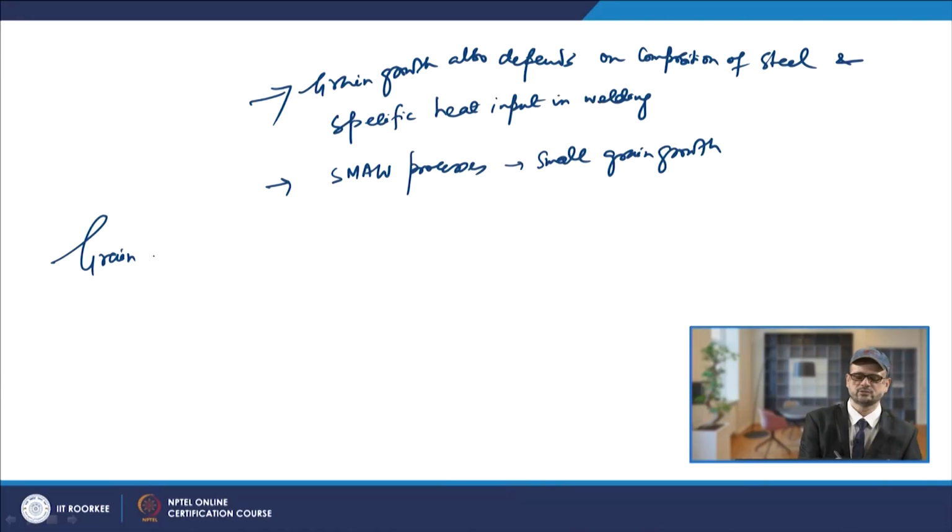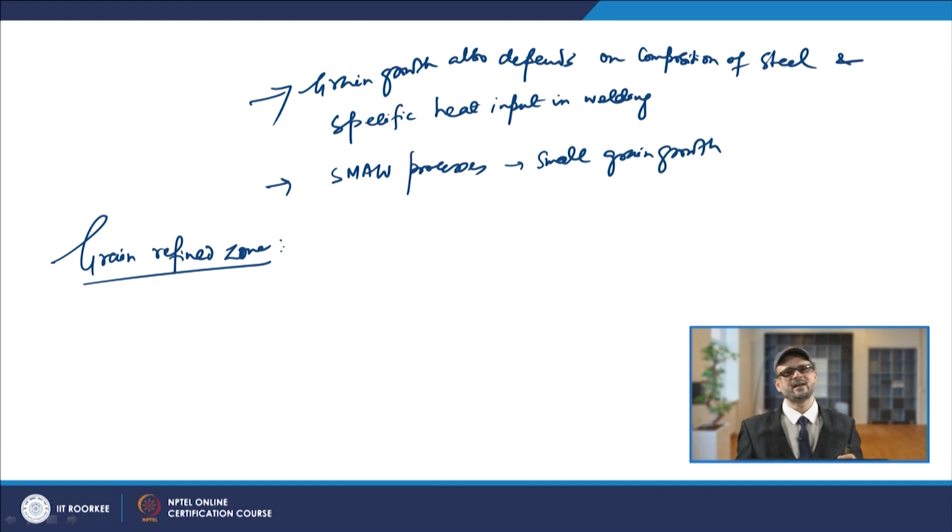Next, the next zone which is formed, below the grain growth zone, is the recrystallized zone, or we also call it the grain refined zone. In this zone the grains are refined, because of the recrystallization process, and you will have the finer grain structure.